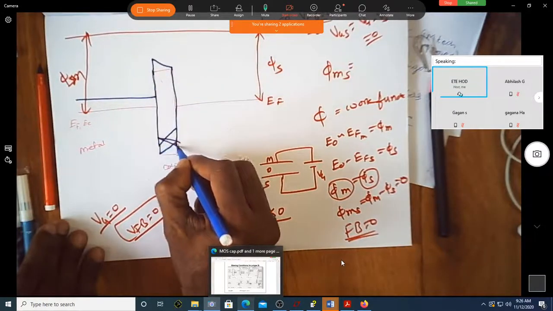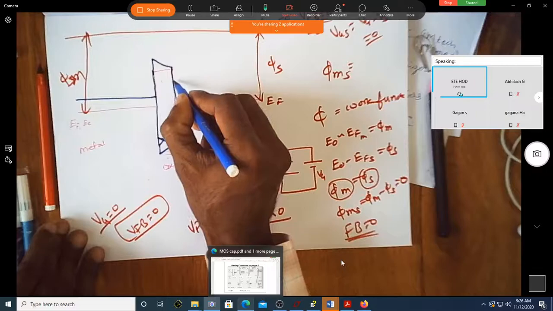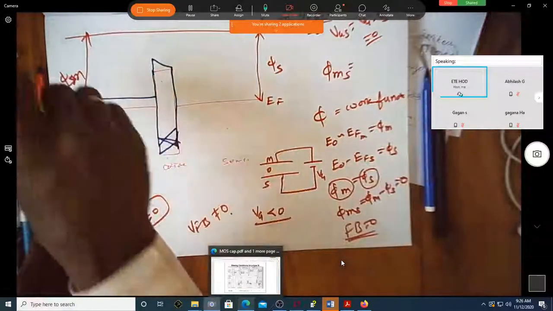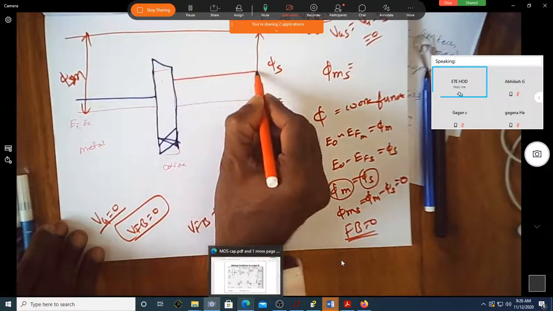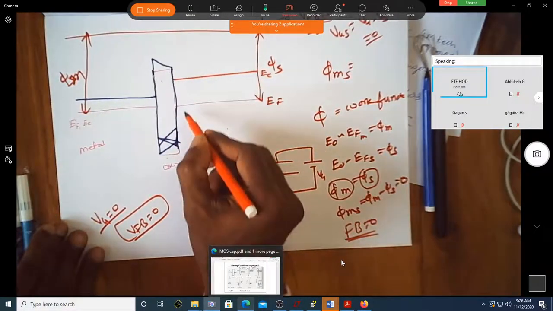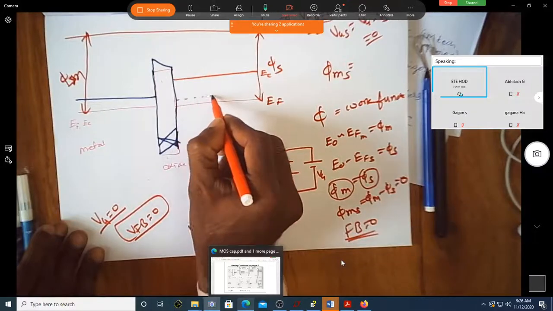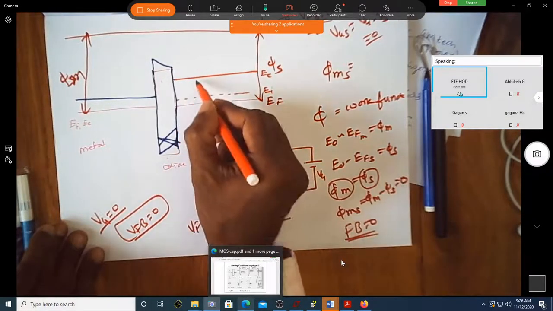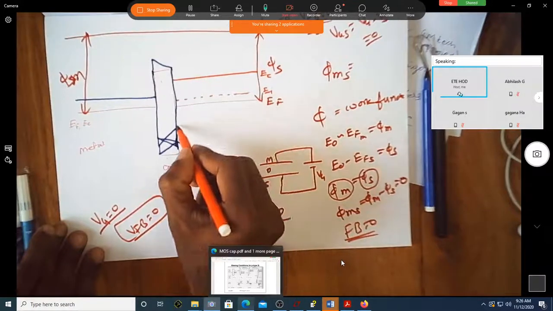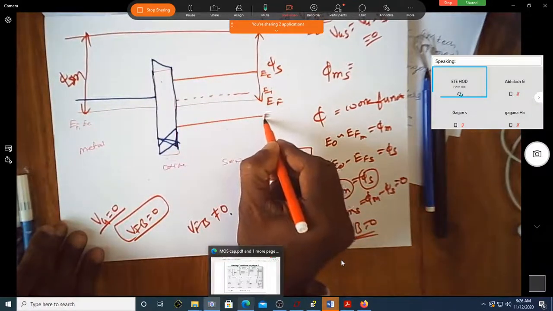This goes this way. Now, okay, let me write the earlier EC. If this was your earlier EC, and this was my earlier EI, and of course whatever distance you have, the same distance you have to maintain towards EV.